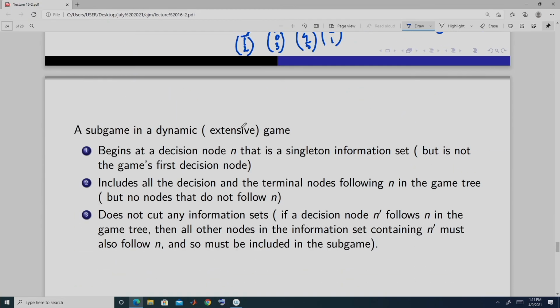Okay. So in these complete, dynamic games, we define it through a game tree, and we have multiple stages. Now here we bring in another concept, that is subgame.